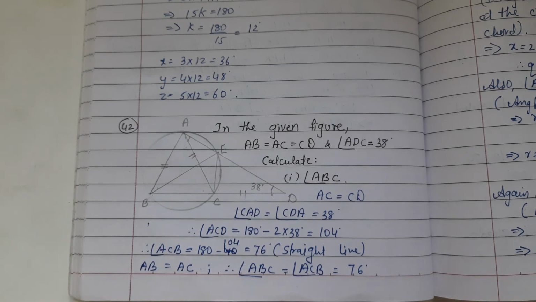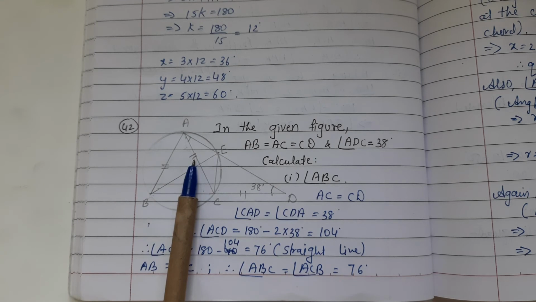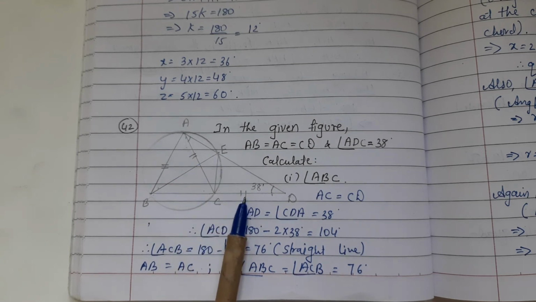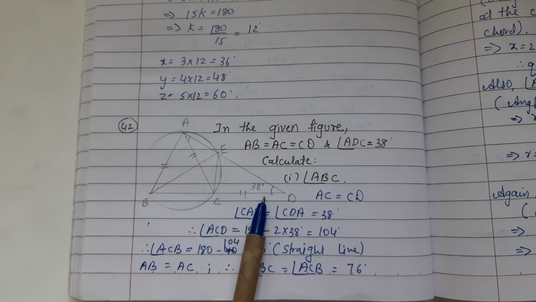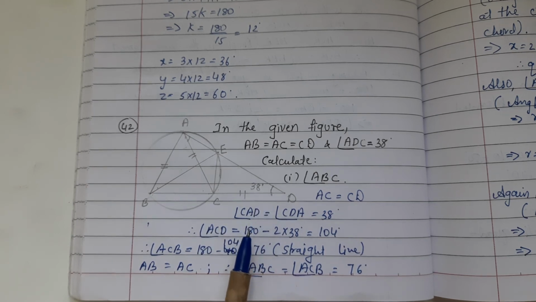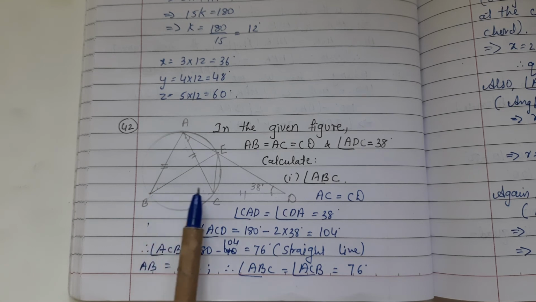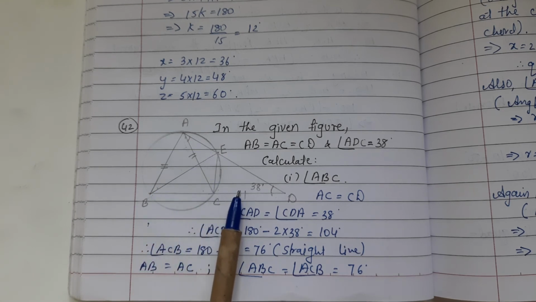Sum number 42. In the given figure, AB is equal to AC is equal to CD and angle ADC is equal to 38 degrees. Calculate, first part, angle ABC. First, AC is equal to CD.